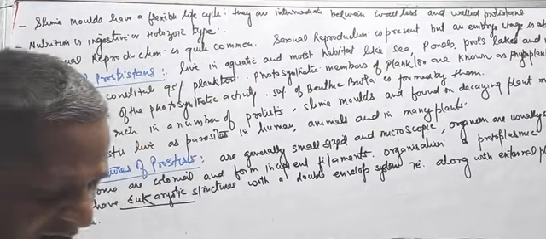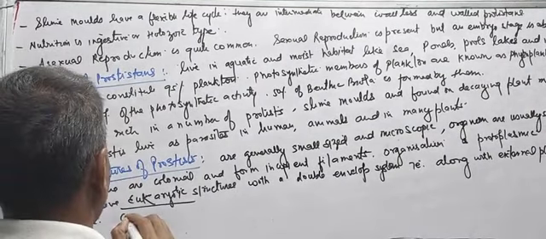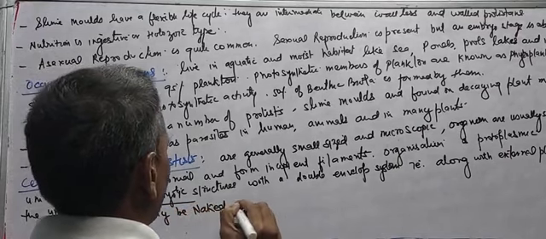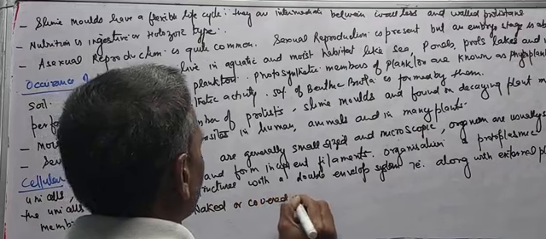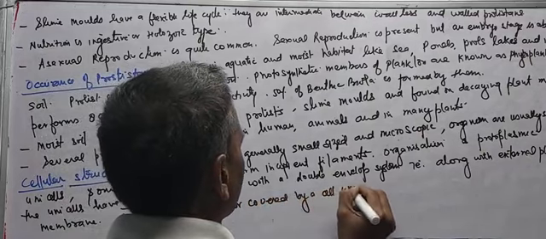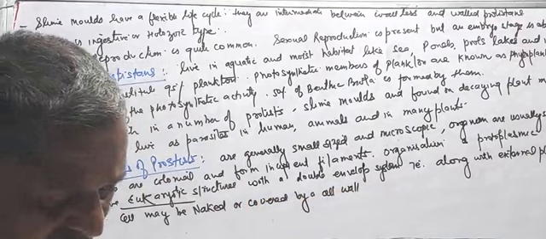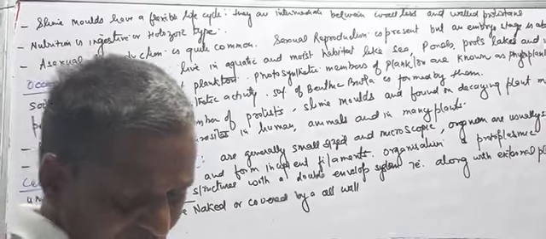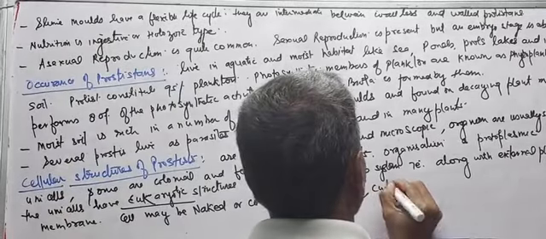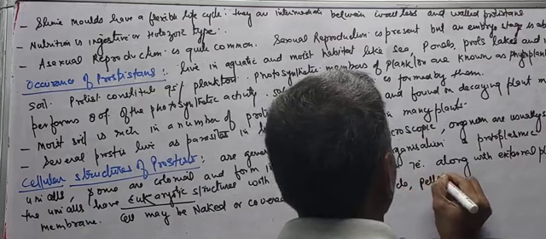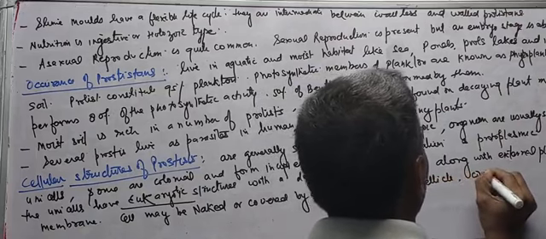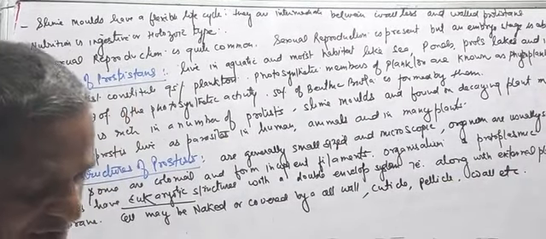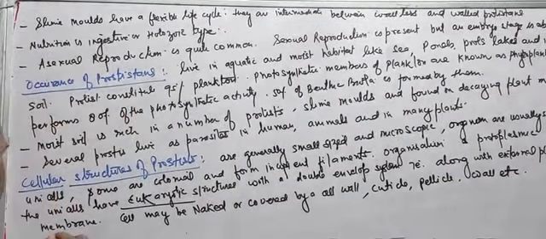A cell may be naked or covered by a cell wall, cuticle, pellicle, etc.